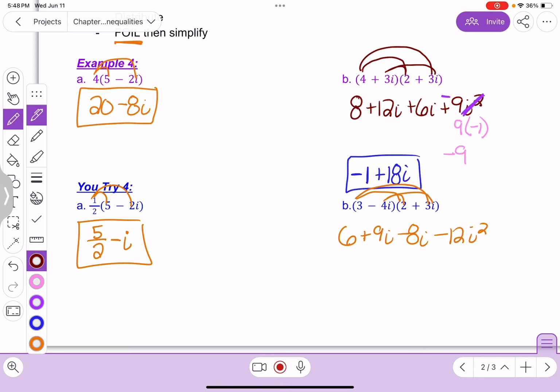And then you can either do it out like I did up there and say negative 12 times negative 1 is positive 12, or you can use the shortcut where it cancels out and changes the sign. 6 plus 12 is 18. 9i minus 8i is 1i. So there are your operations: adding, subtracting, and multiplying.